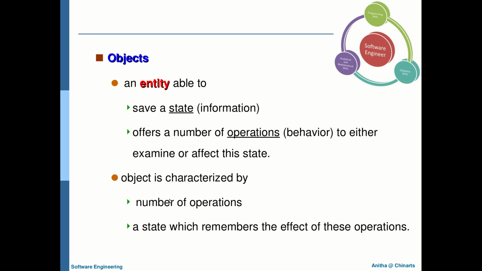So here in the object-oriented design, the meaning of an object is an entity which is able to save a state information, and it offers a number of operations to examine or to affect the state. Therefore, we can say an object is characterized by number of operations and a state which remembers the effect of these operations. This is how you have to define it, right?